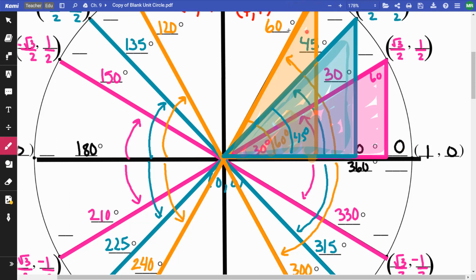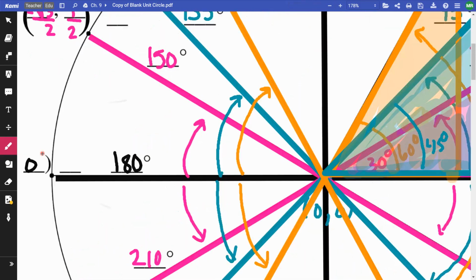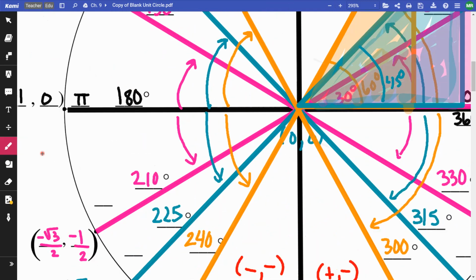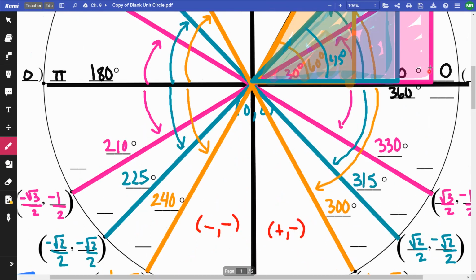When I go all the way to here, which is 180 degrees, we saw that that was the same as pi. Which means going all the way around from here to here is pi.